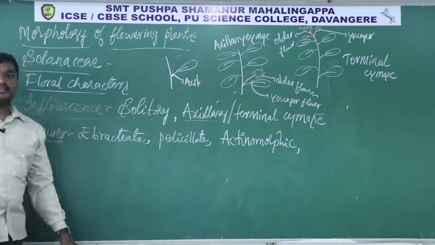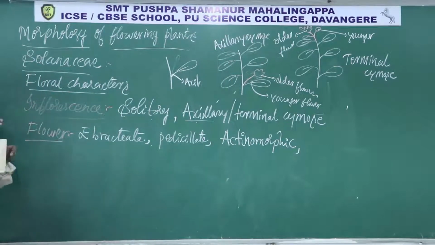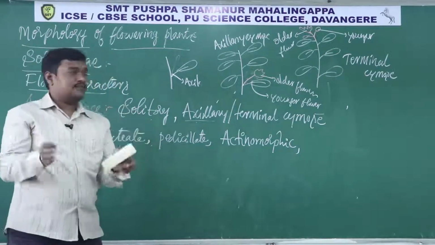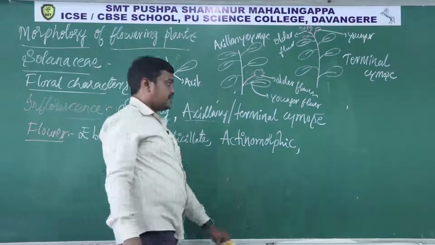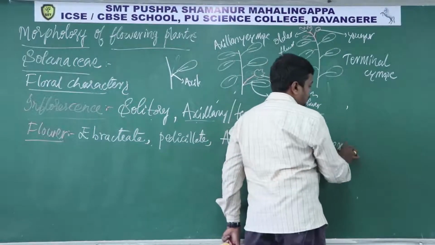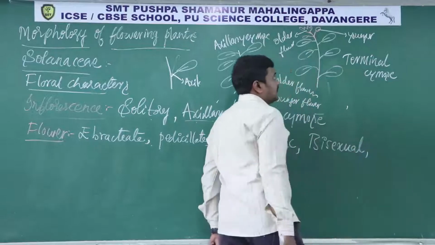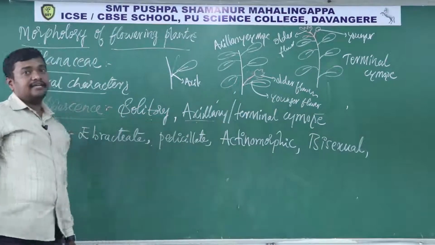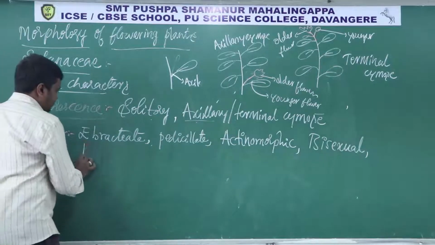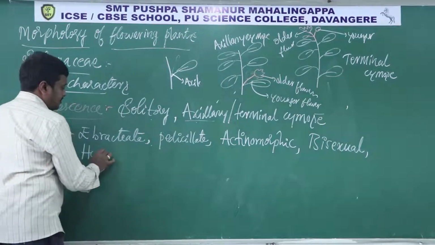Actinomorphic. So you can cut the flower in any plane. You can cut the flower into two equal halves. So that is called actinomorphic, and it is bisexual. Flowers are bisexual. Both androecium and gynoecium are present. Okay, and flower is hypogynous.